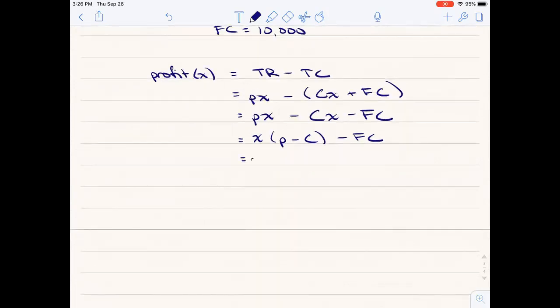And so plugging those in, we've got X times P was 1,000 minus C, which was 250, minus the fixed cost, which is 10,000. And if we simplify this, it becomes 750x minus 10,000.